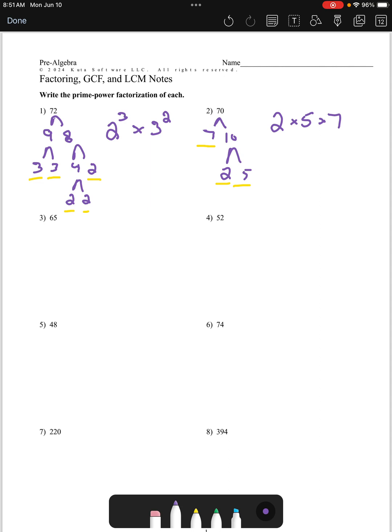You will notice in my answer so far, and as I continue, you will continue to notice that my prime power lists are organized from least to greatest. So in number 1, I put my 2s, then my 3s. In number 2, I put my 2, then my 5, then my 7. Least to greatest. I do expect your answers to be put in this order as well.